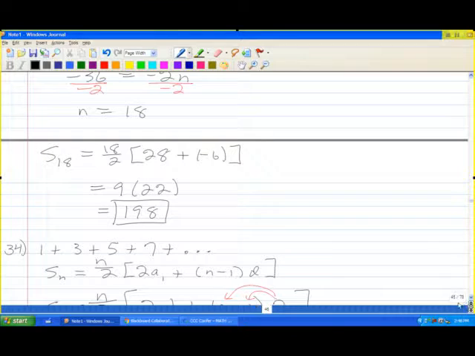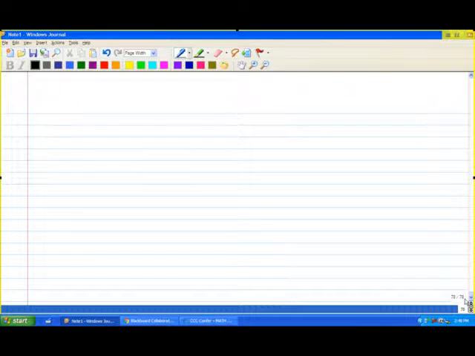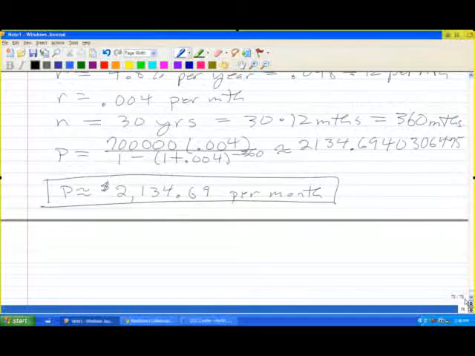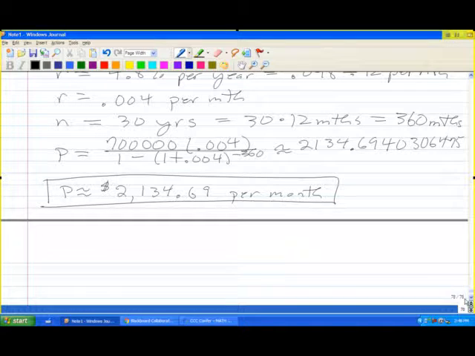Oh, it's way back here. I clicked on that. Aha, so that is your mortgage. So that really finishes off section 15.6. The last problems in that section just dealt with mortgages.